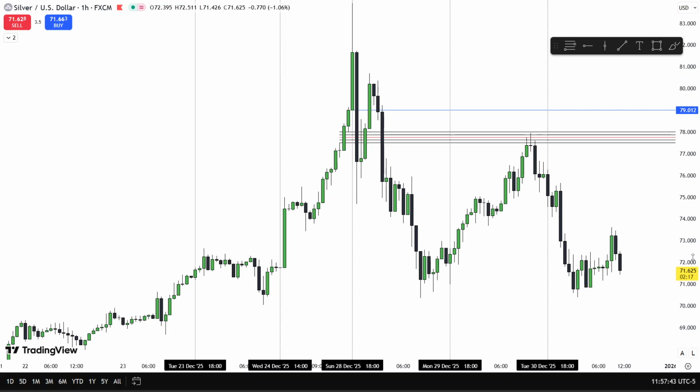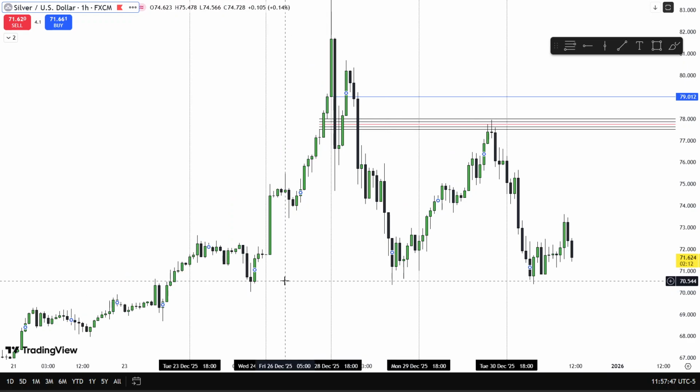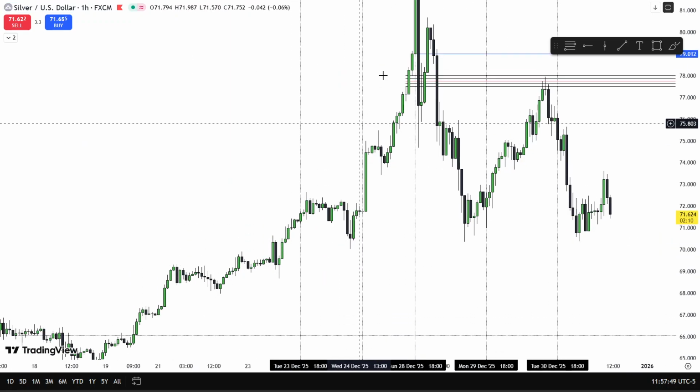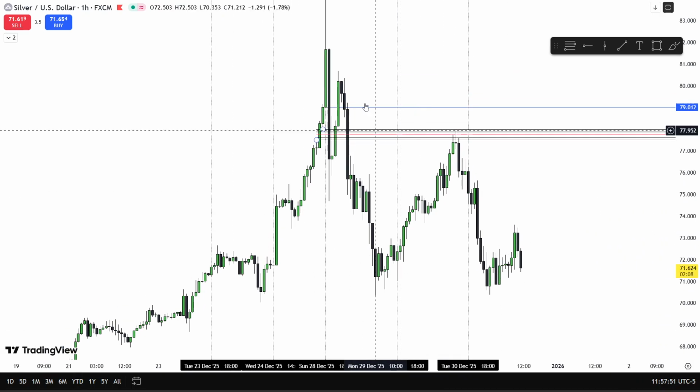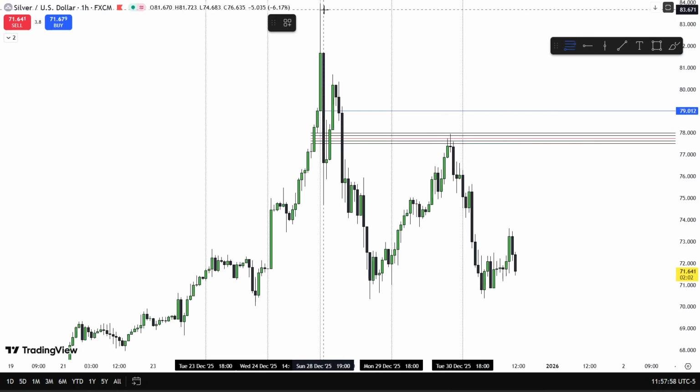Like the previous example, this price leg is the discount and this price leg is premium. We can agree on that, right?